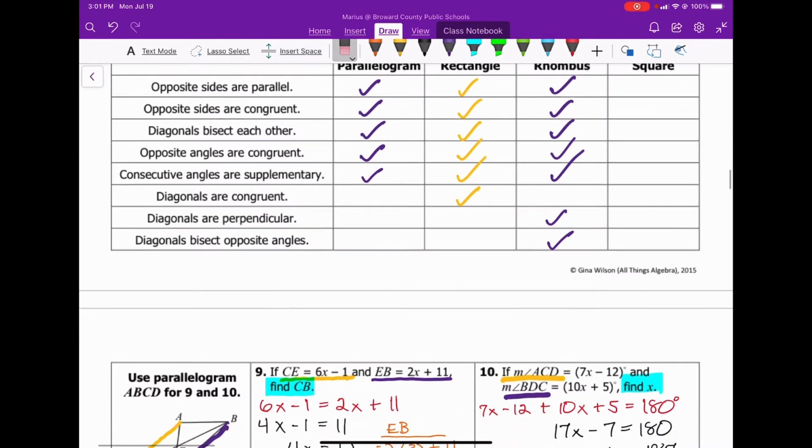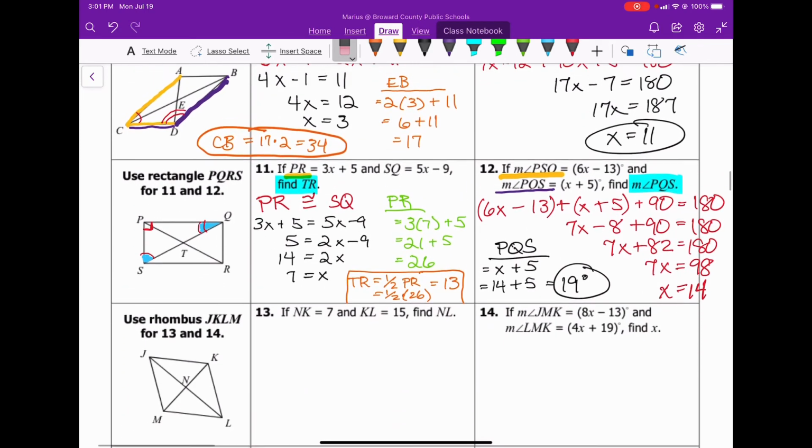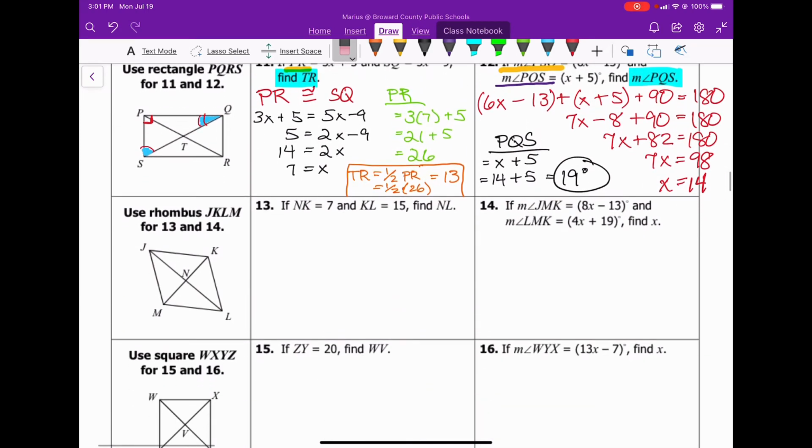So now let's go ahead and take a look at these two questions here, number 13 and 14. So first, since we have the diagram here, we want to go through the distinct things that make a rhombus. We have our diagonals here, and this intersection that they share, they're perpendicular.